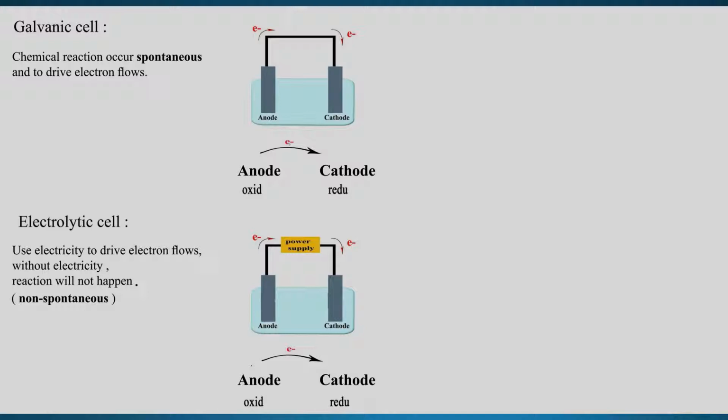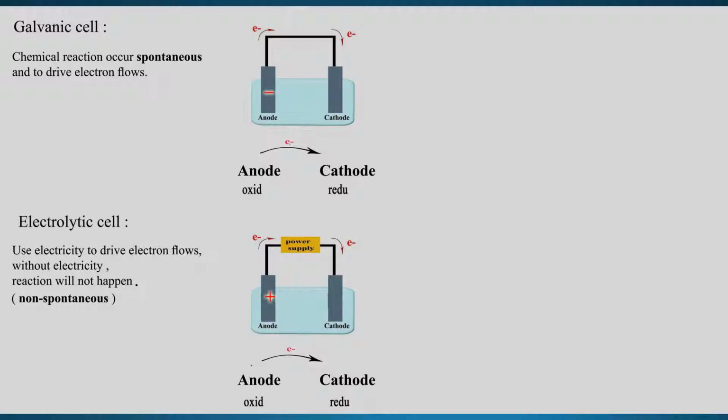If you study the anode, cathode, and electron flow relationship, they are identical. Anode always oxidizes. Electron flow is always from anode to cathode. Cathode is always the reduction. So what is the difference? The difference is the sign.